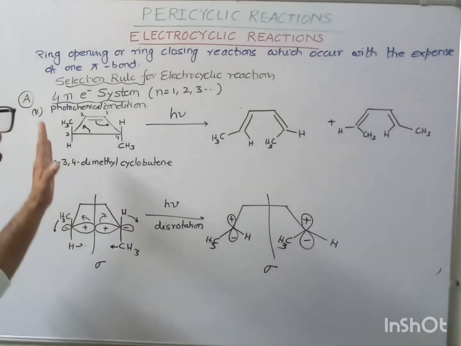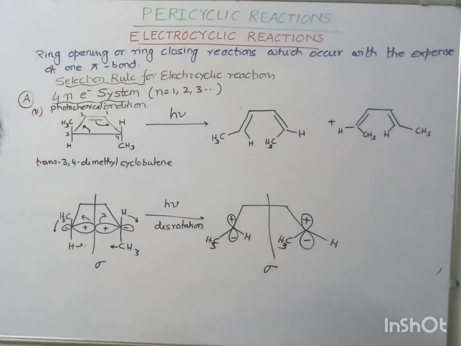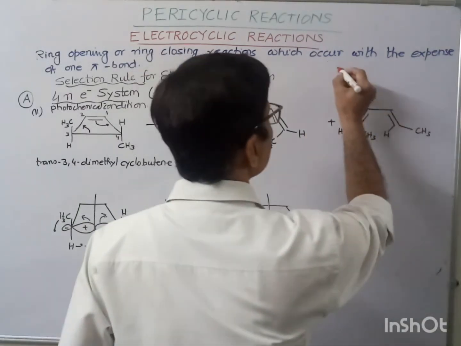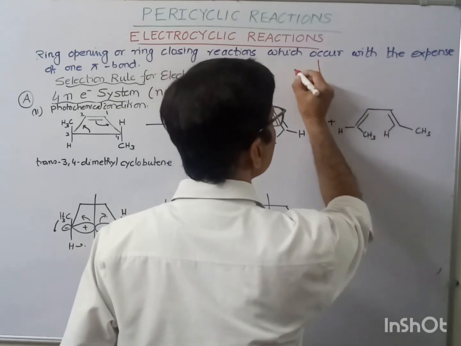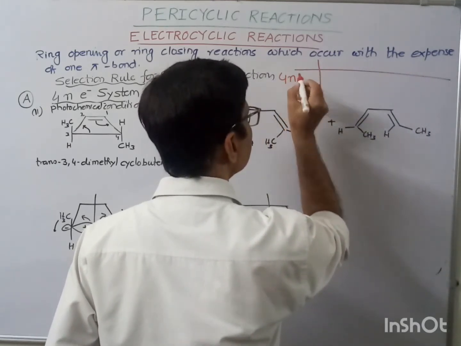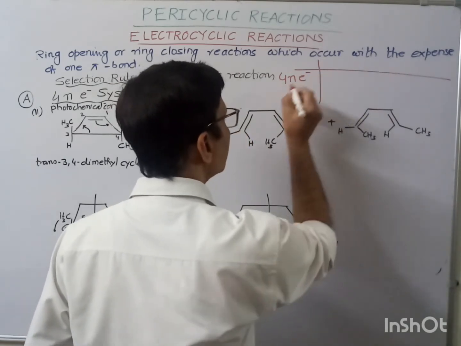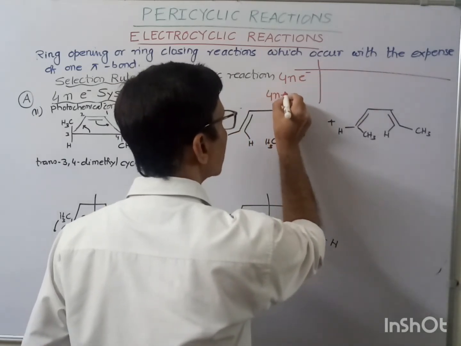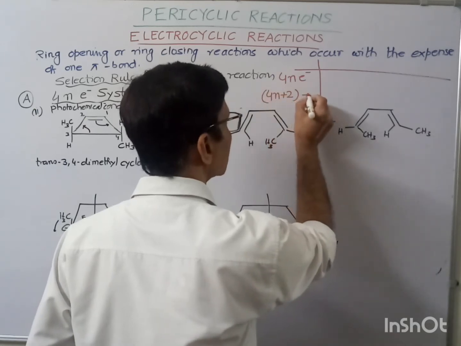Now this is for the 4n electron system. Let me write the rule for the 4n electron system, and we will see the 4n plus 2 electron system also.